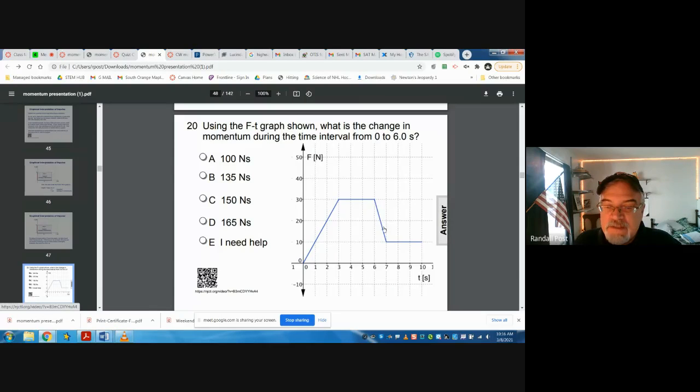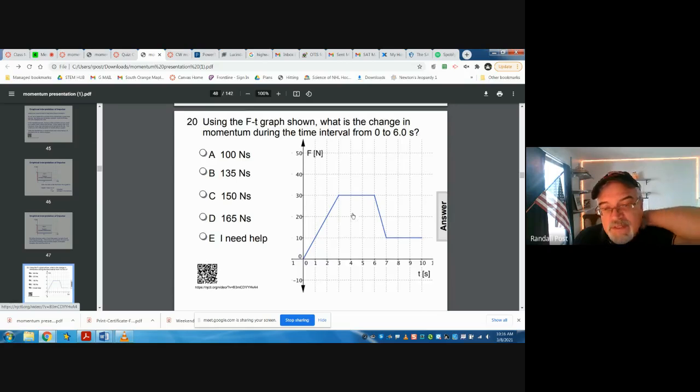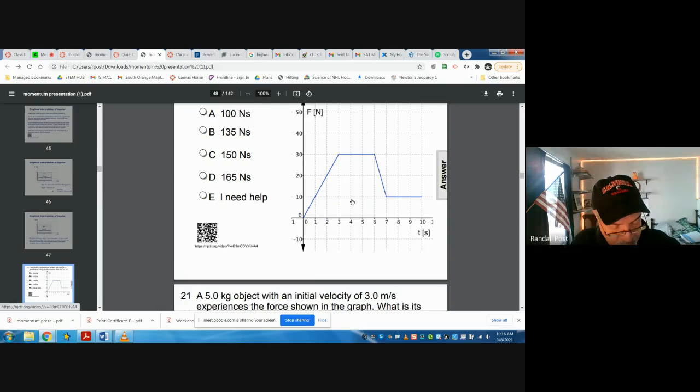Then it decreases to second number 7, and then it's constant from second 7 to 10. So we have this duration of 10 seconds with a changing force. It would be crazy to try and calculate that without graphics. But now that you see it here, we can use the area method.